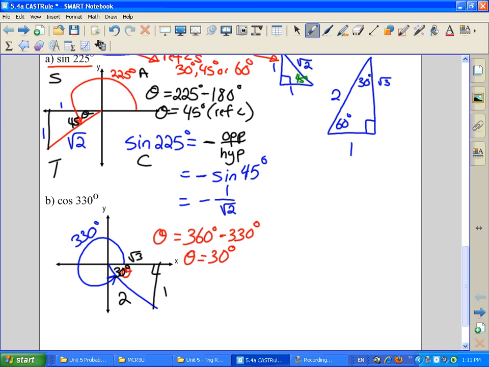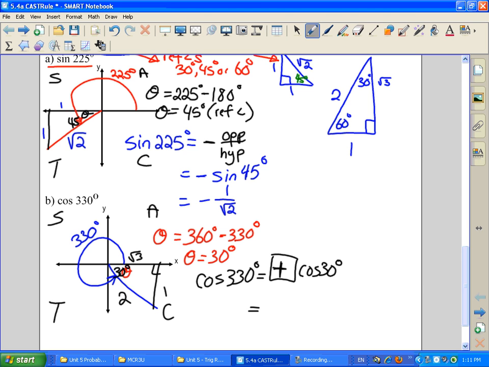Okay, let's use the cast rule, folks, to see if it's positive in that, and indeed it is positive. So what does that tell us? That cos of 330 degrees equals, and I'm just going to throw it in. You don't need to put it necessarily in, but just make sure you've checked it. Positive cos of 30 degrees. Okay.